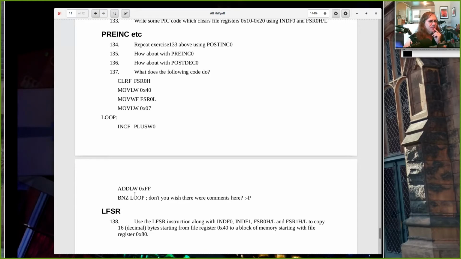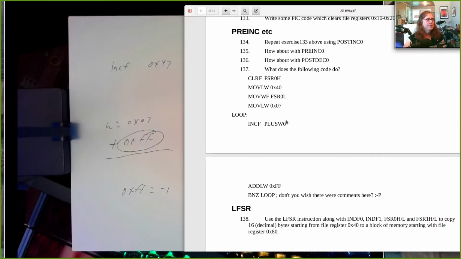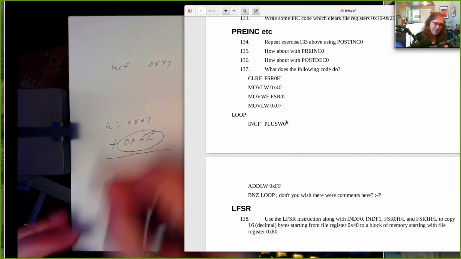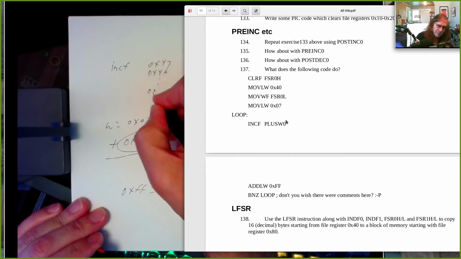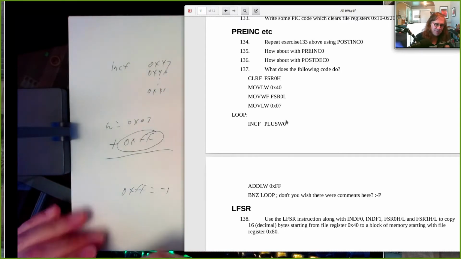All right, so yeah, we subtract 1 from W. If it's not 0, we go back here. So W will be 6. We'll increment the file select register's value, which is still 40, plus W, which is 6. That'll say increment file register 46. So it'll do 46. And it'll certainly do 41.